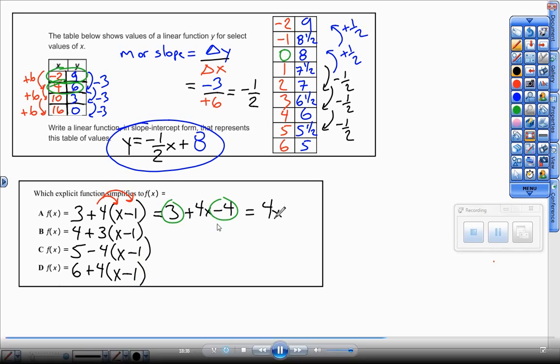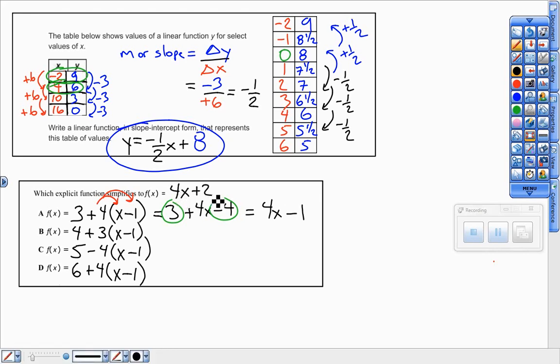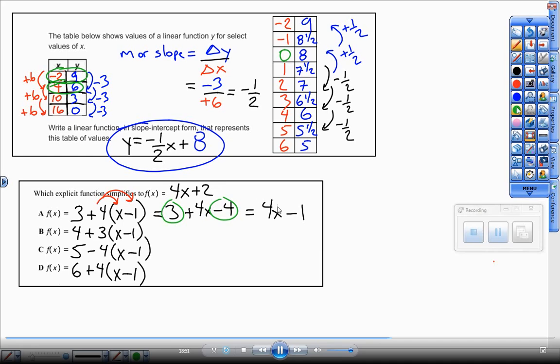The equation I'm having you compare this to, if I could have you write this down, is going to be f of x equals 4x plus 2. That is the equation. I'm trying to see which one of these is equivalent. This first one is not the same. Same d, but different zero term.